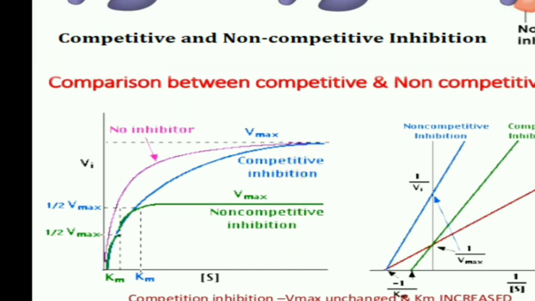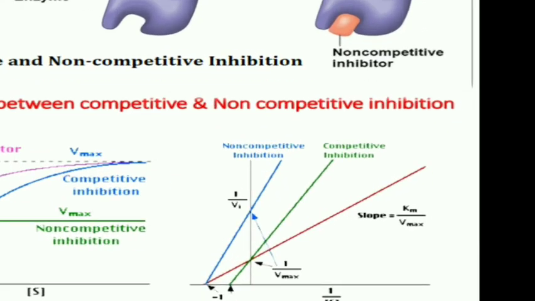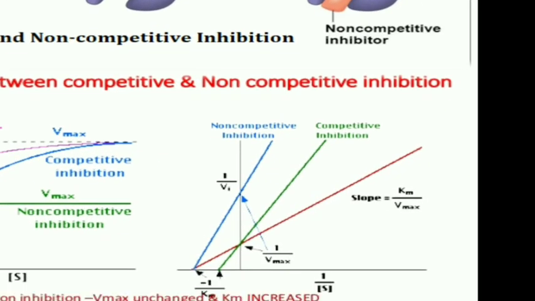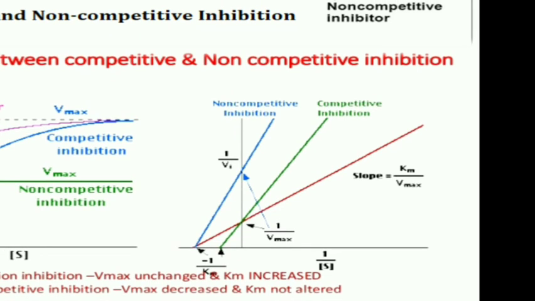Now if we see the double reciprocal plot, we can see very clearly that in the case of competitive inhibition, the green representation, the value of -1 by Km is coming from here to here. So it is basically increasing, right? Because it is a fraction, while the value of Vmax has not been changed at all.